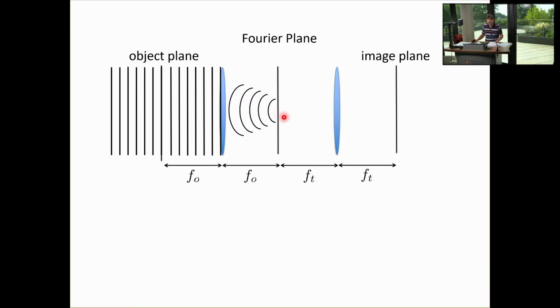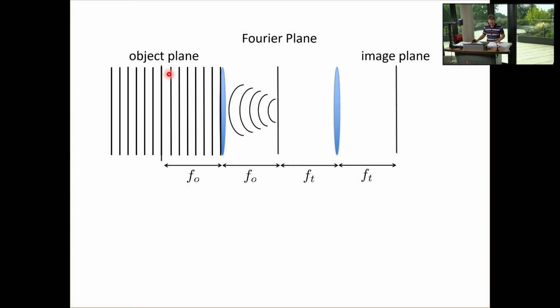And so in other words, the spectrum, that's what we are looking at here. The spectrum of the object field has just one component, and that is a DC component, a component at frequency 0. There is no modulation along this direction here, so it just has a DC component present.